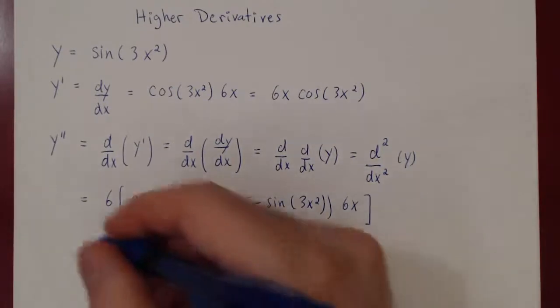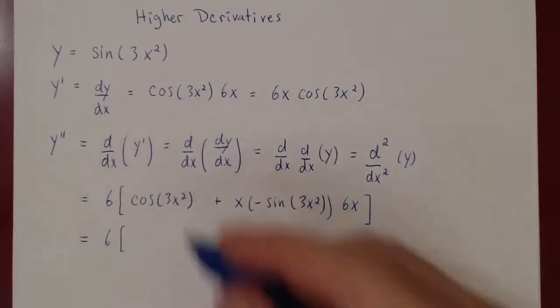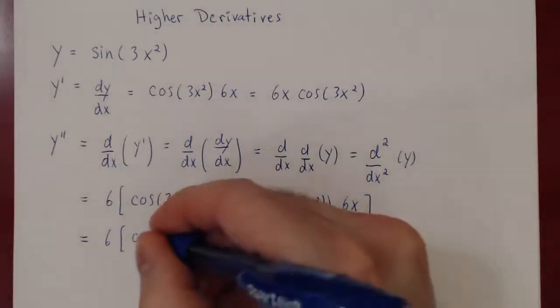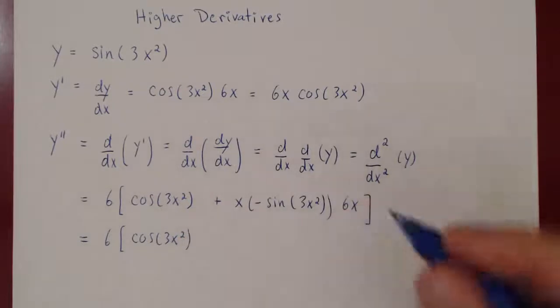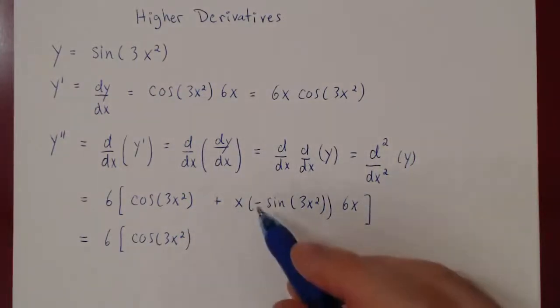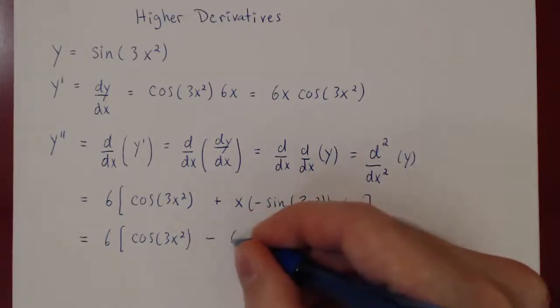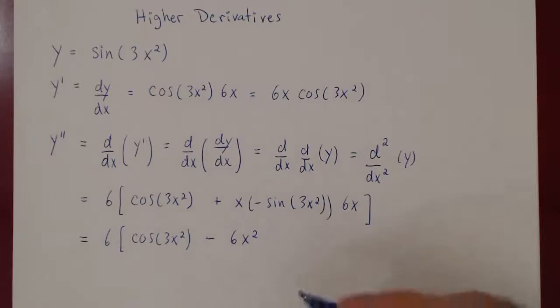We can simplify a little bit. This is 6 times cos of 3x squared. Here we have 6x, x is 6x squared. There's a negative, so negative 6x squared times sine of 3x squared.